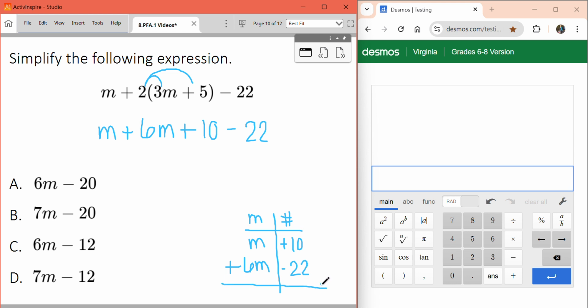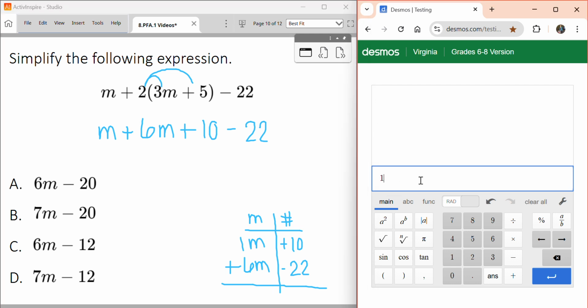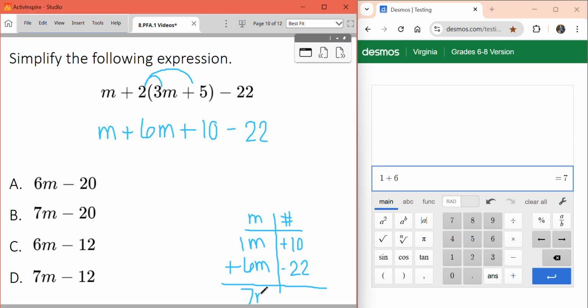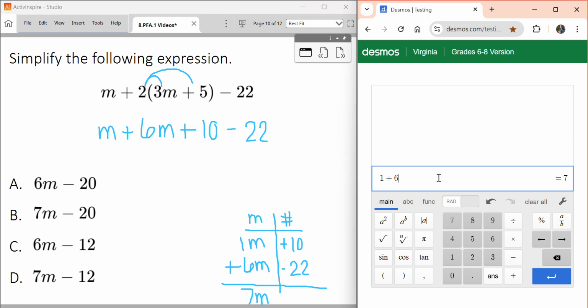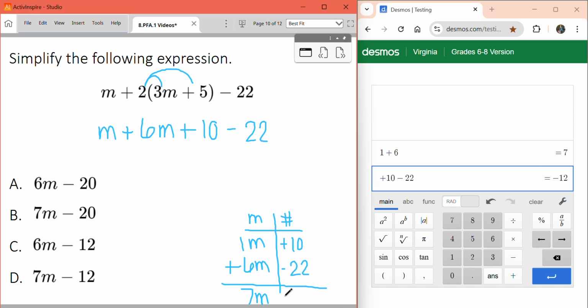And then I'm going to use Desmos, but I do need to remember that a plain variable like this m means that I actually have one of those. So I have 1m plus 6m, which is 7m. And then on the next line, I'll do the 10, or I can type positive 10 minus 22, which is negative 12. So my answer is 7m minus 12.